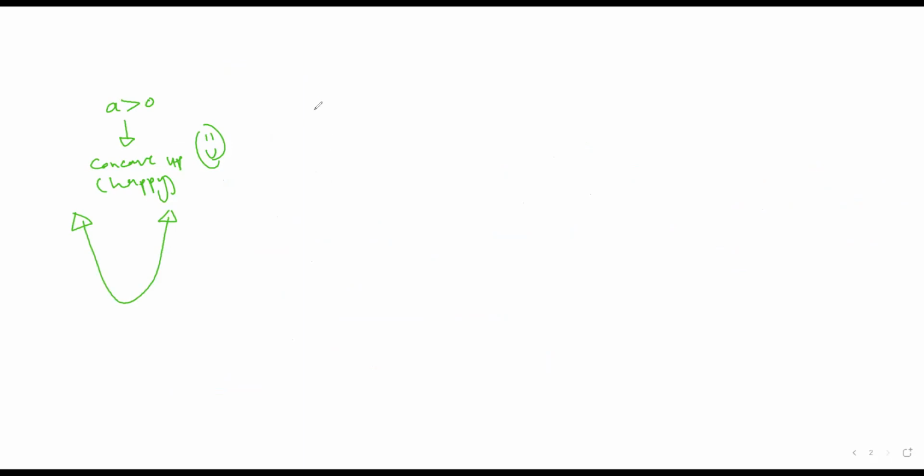Then again, if our a is less than 0, our parabola is concave downward, so it's sad, something like that. Then this will be our parabola.